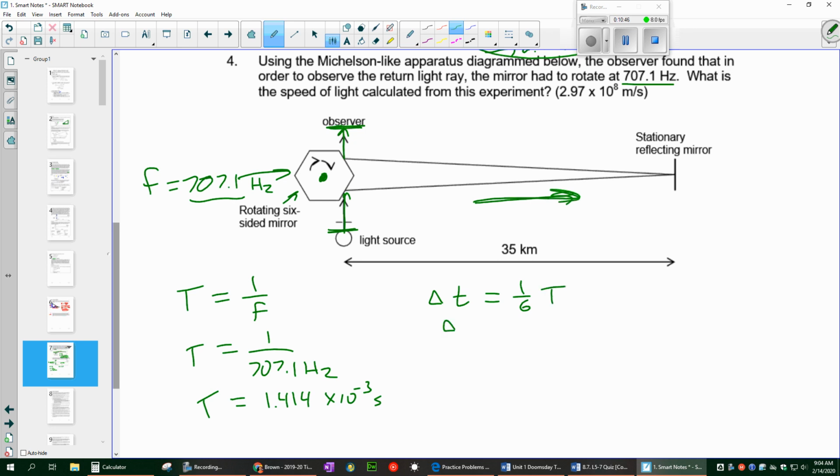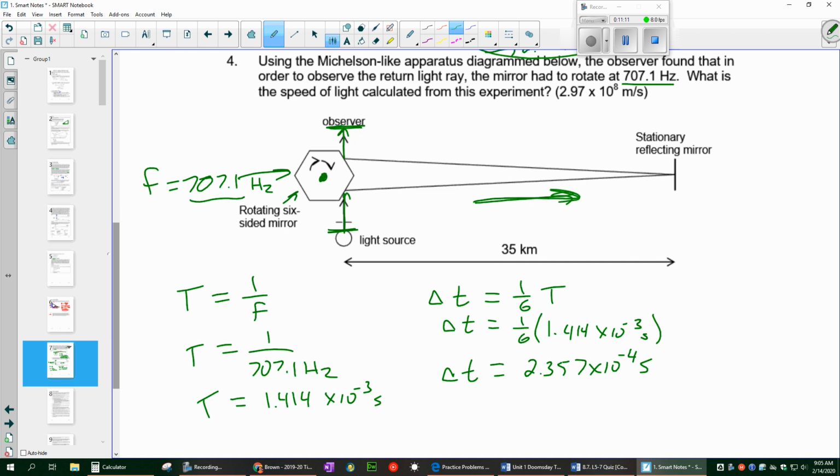So the change in time is 1/6 times 1.414 times 10 to the negative 3 seconds, and that ends up being 2.357 times 10 to the negative 4 seconds.